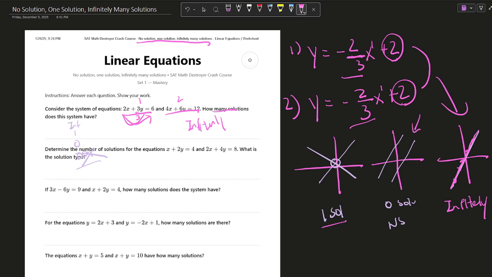So you need to have the same slope and a different y-intercept, then you would get parallel lines for no solutions. But if the y-intercept is the same, then you get infinitely many solutions. So one solution is all other cases, where they just have different slopes. So this could be any slopes, right? So yeah, that's it.